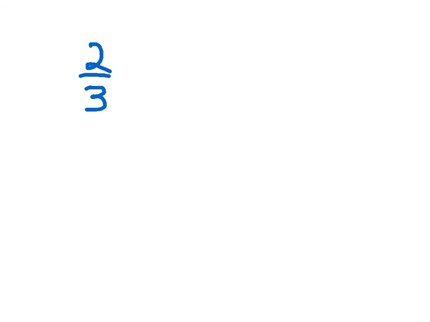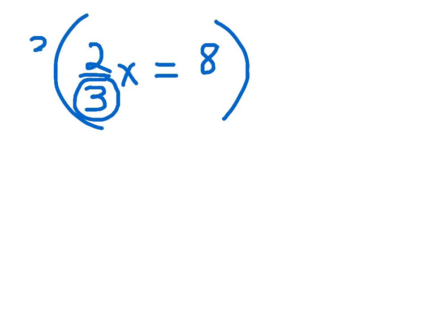Okay? Another thing that does come up is where it might say 2/3 of x is equal to, I don't know, 8. Again, I see a denominator. If I multiply by that denominator, it destroys the denominator. So that means that on this side I have 2x.